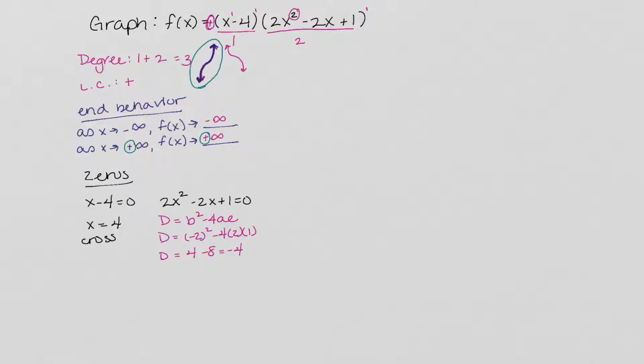A negative discriminant means you have two imaginary solutions. So we don't need to solve that quadratic, because the imaginary solutions are not solutions that we can put on our graph. f of x is not crossing the x-axis at those solutions. It crosses the x-axis at 4. It does not interact with the x-axis again. So we can just leave the 2x squared minus 2x plus 1. We don't have to solve anything there.